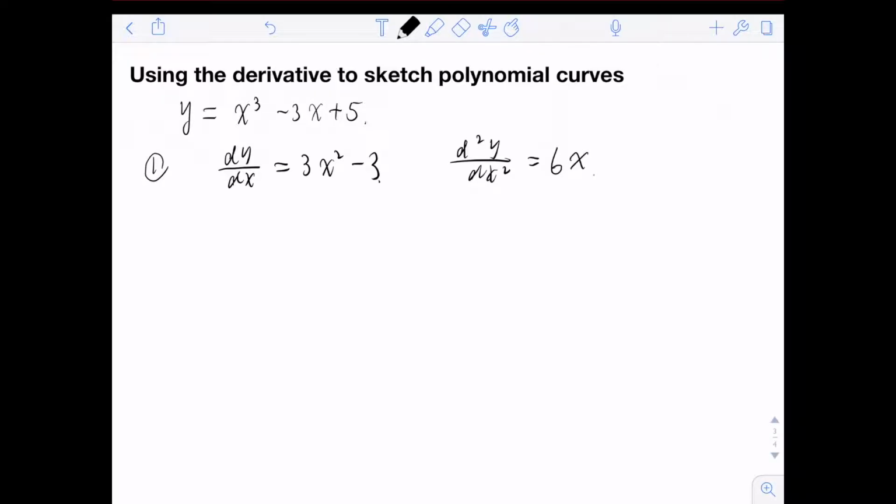Now let's do step 2. We're finding the stationary points. We let the first derivative equal 0.